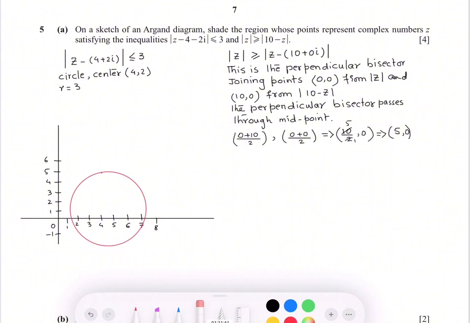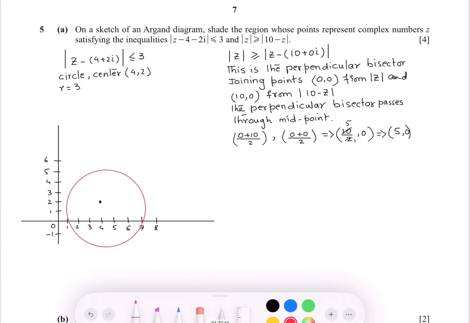Let me make it almost a clear circle. Okay, this is your x equals 5. Actually this is your perpendicular bisector, (5, 0). So make a straight line.